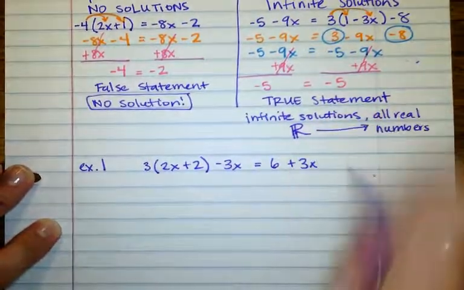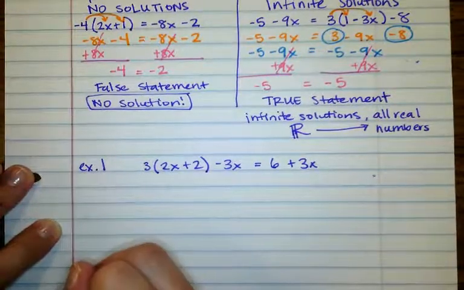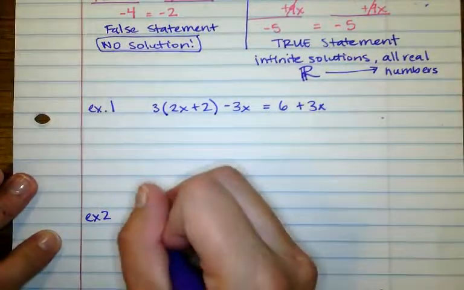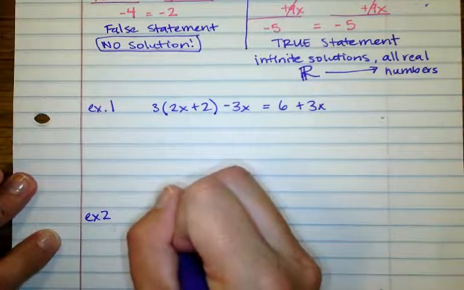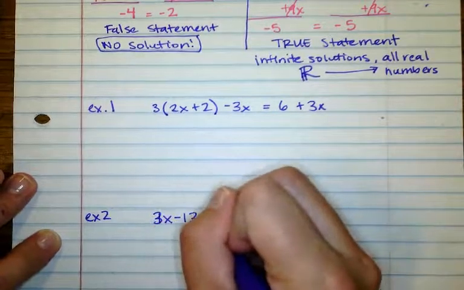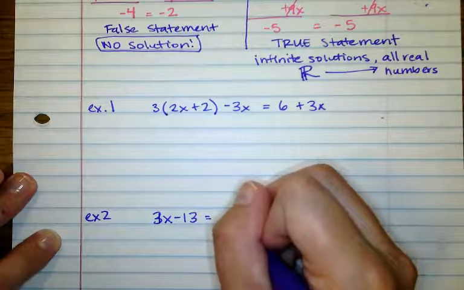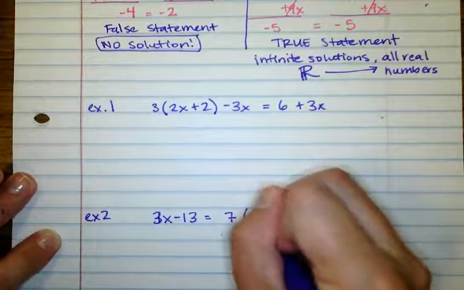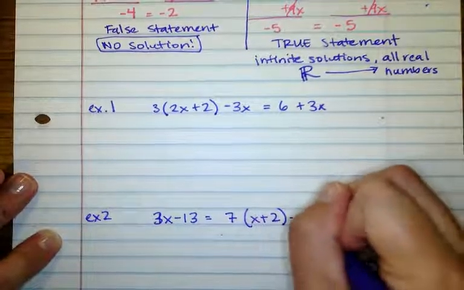And then your second example is going to be 3x minus 13 equals 7 times (x plus 2) minus 4x minus 7.